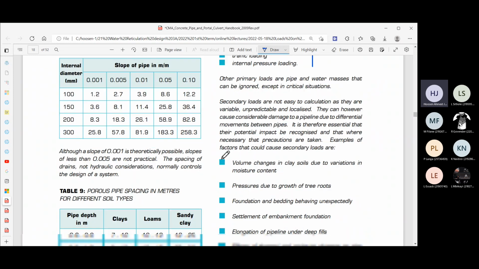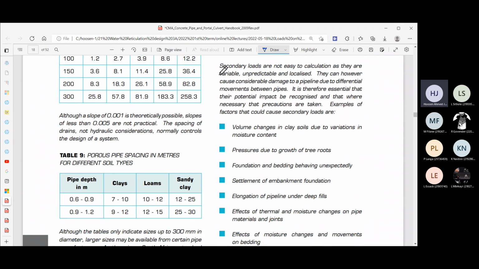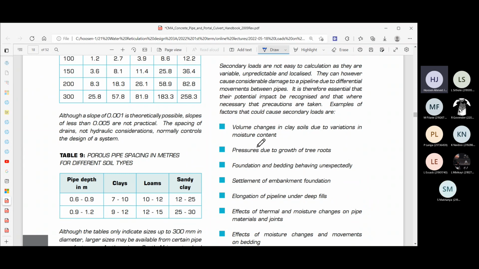The secondary loads arise out of the circumstances around, or due to the environment around, the pipeline. For example, if the pipe is bedded in a clay soil, from your geotechnical engineering you know that you get consolidation settlement in the clay.